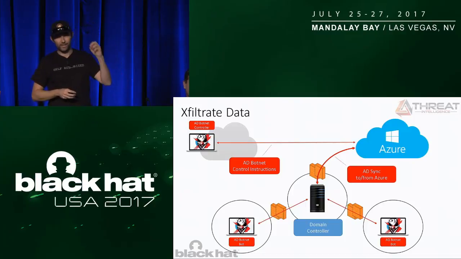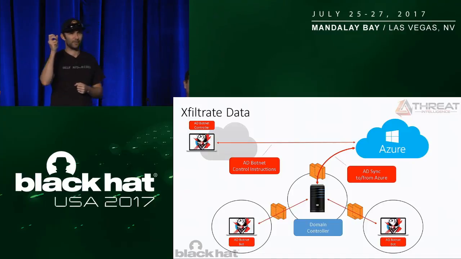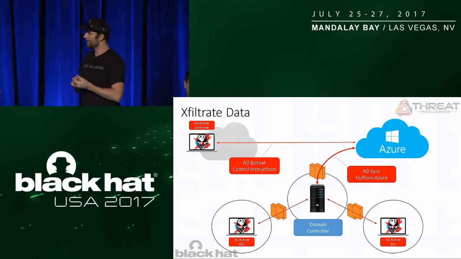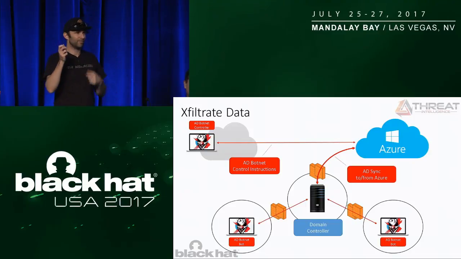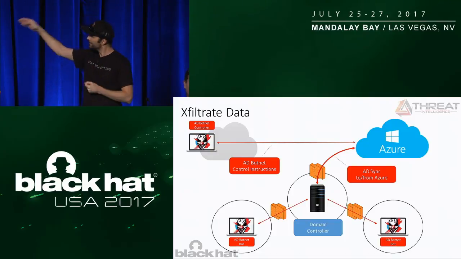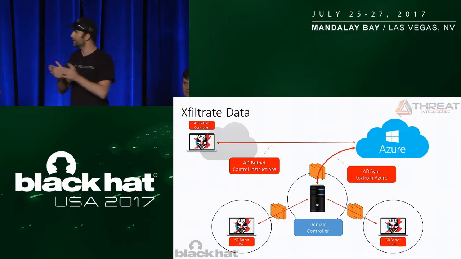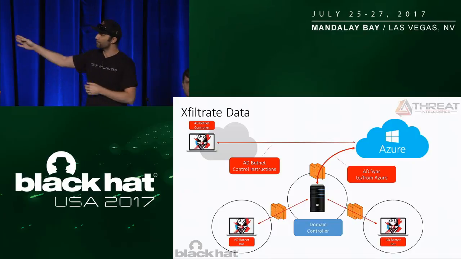At that point, the bot on the left-hand side sets up a socket, and he can port forward this socket through Active Directory to the bot on the right-hand side, as if it's just a TCP connection, and then can instruct that bot to start connecting to any other system in its network.